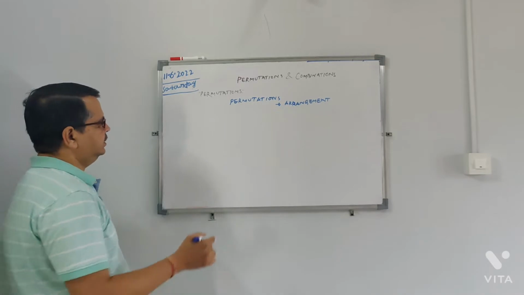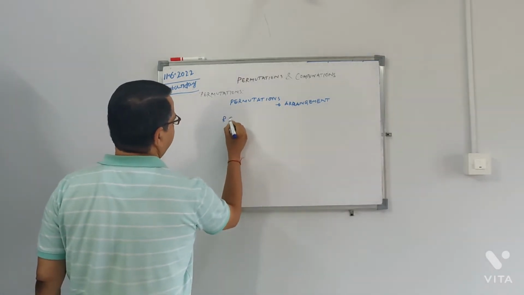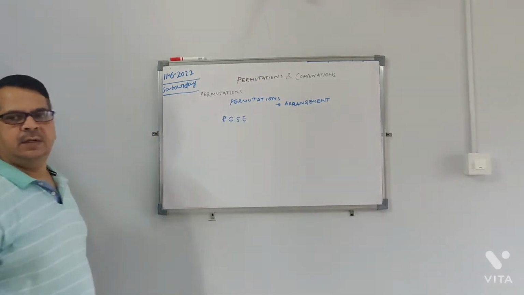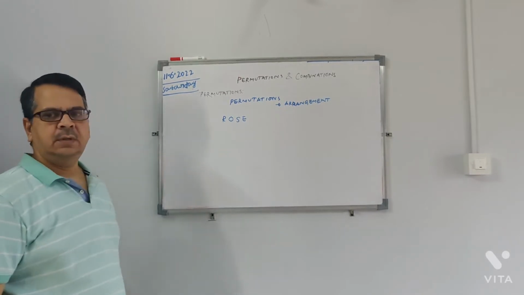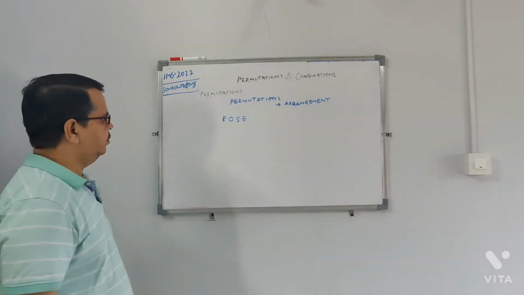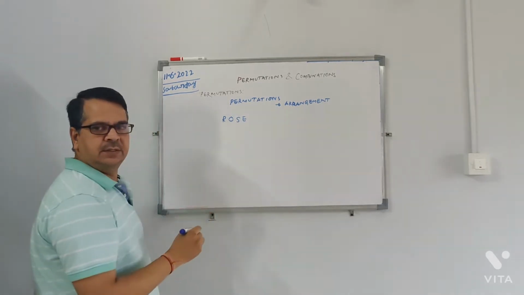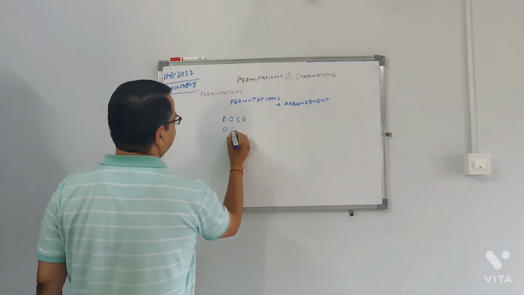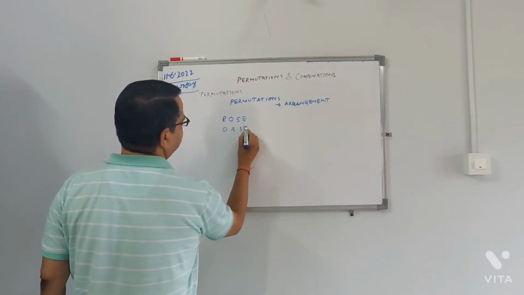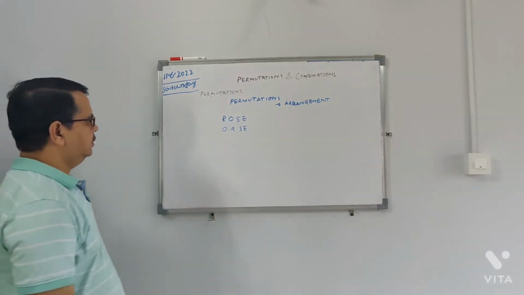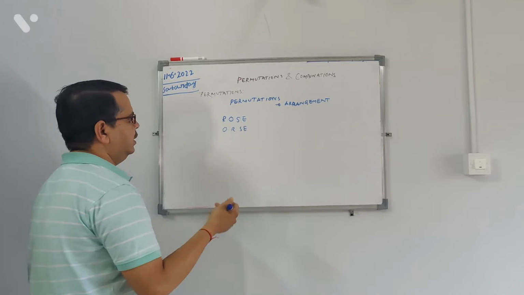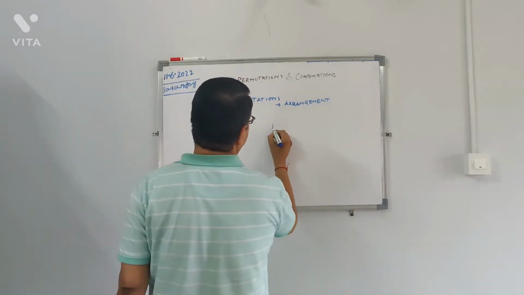So I give an example. Suppose I am writing the word ROSE. This ROSE can be written like this, or you can write it as O-R-S-E. Similarly, I will tell you how you can write it. Your order matters.